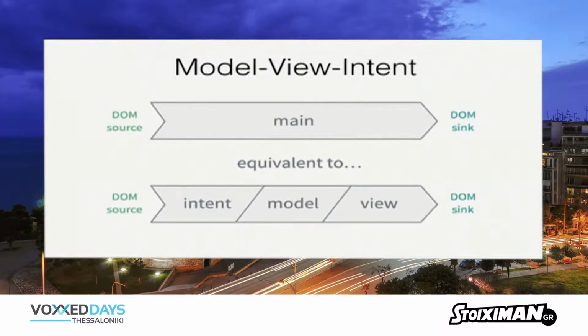Intent is the part that reads from the sources, from the input, and does some basic transformation there for making the model to really transform the data. And then the view is responsible for sending the result stream back to the driver.